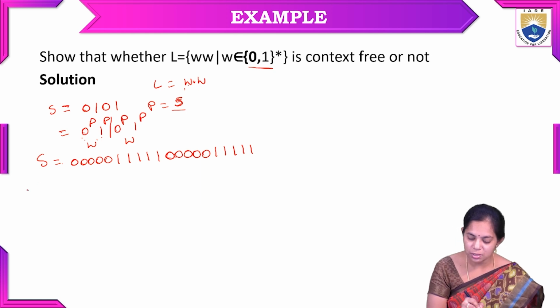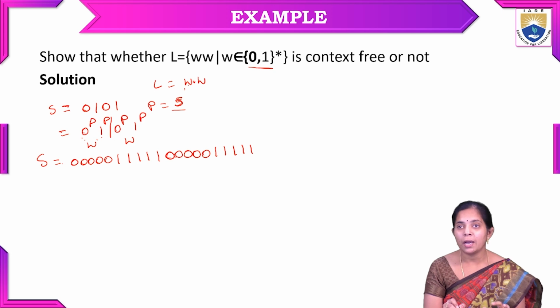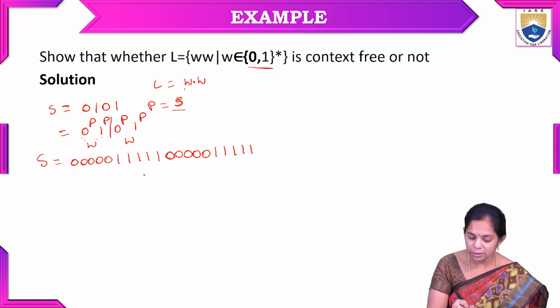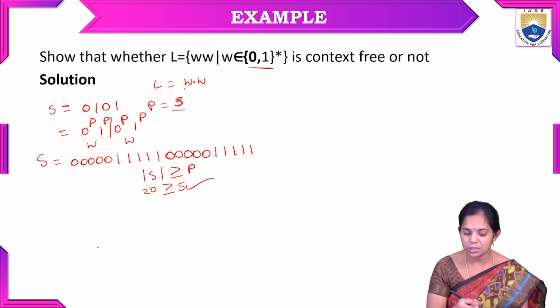The first step is done: we take the string and give the pumping length, and we check whether the length of S is greater than or equal to P. The length is 20, and 20 is greater than or equal to P equal to 5, so this condition is satisfied.